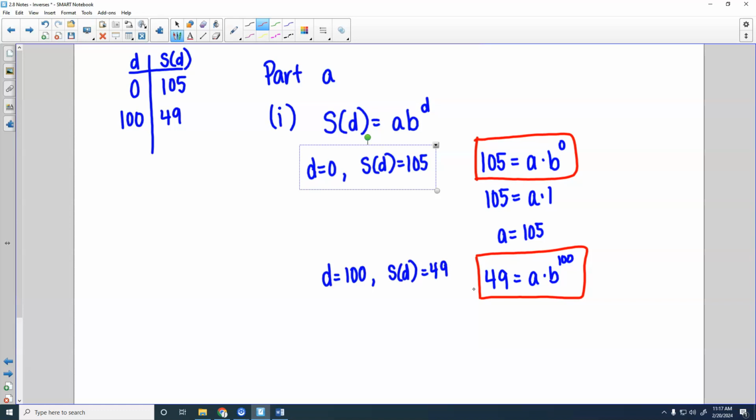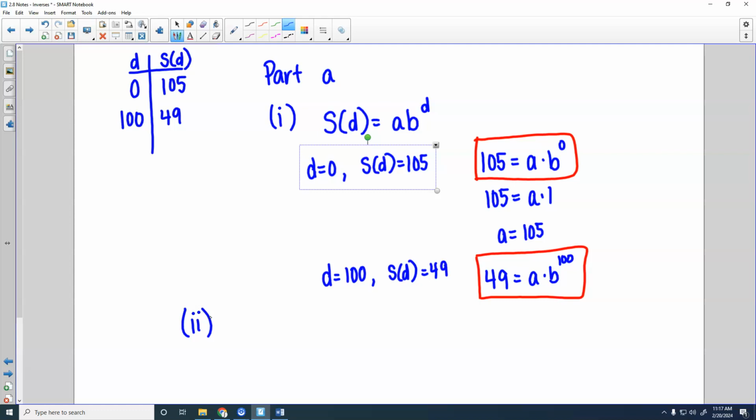Now, it would still be okay, I'm pretty sure, for you to do, because this is calculator active, to still do the regression and find A and B in your calculator. That would be okay. So then if in part 2 of that question you did the regression, you could find A and B. Now let me do it by hand for you here, just because on the second part it's not calculator active.